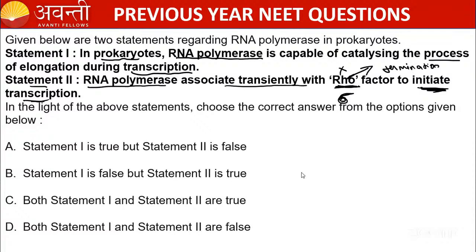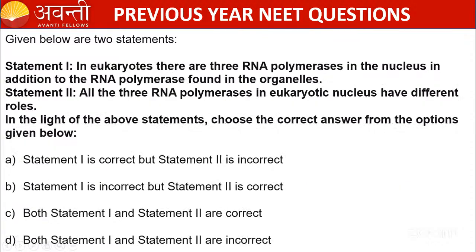This is also asked in 2024 only. Statement 1 is true, whereas statement 2 is false, because the Rho factor is a termination factor, not the initiation factor. Okay. This is also asked in the last year only.